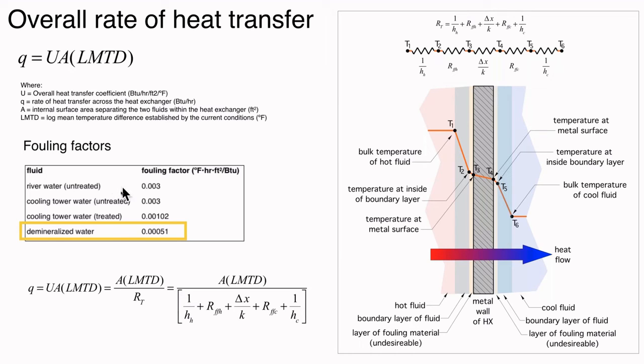I do want to point out the fouling factors that are commonly used, or various handbooks have suggested values for these. If you look at these numbers, they're relatively small, but I want you to see the difference between demineralized water versus, let's say, untreated water. You can see the fouling factor is quite a bit smaller there.